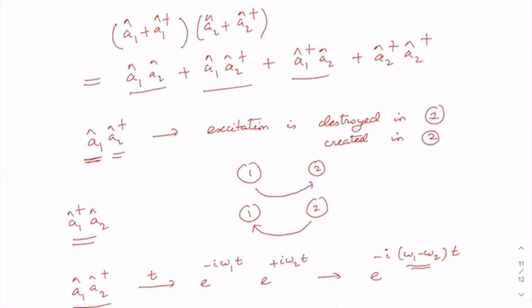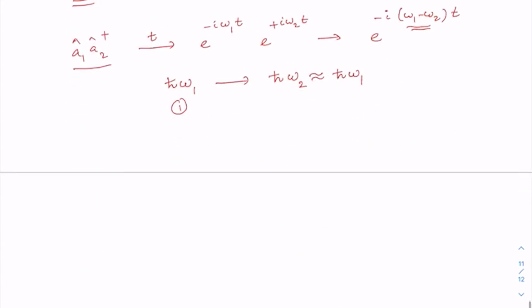On the other hand, if you look at these two terms, a1 dagger a2 dagger and a1 a2, this means that excitation is destroyed in oscillator 1 and excitation is destroyed in oscillator 2 as well.